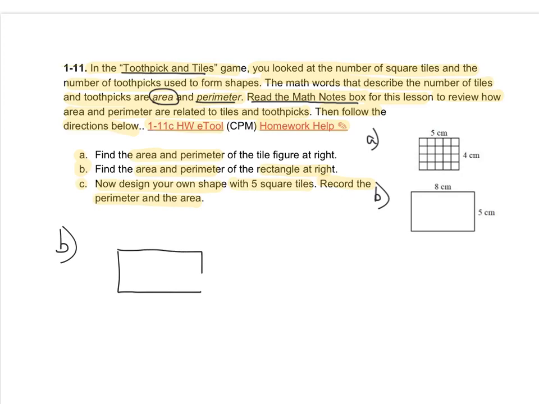So the rectangle has 8 centimeters, and we can call this the length, or we could also call it the base, but I only need to write one of them. And then it also has the height, and it's given as 5 centimeters.